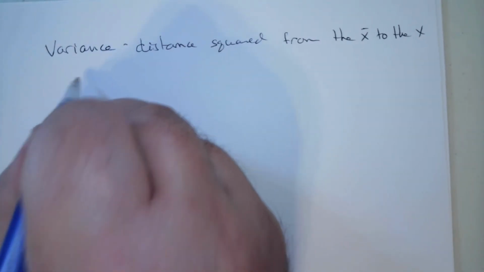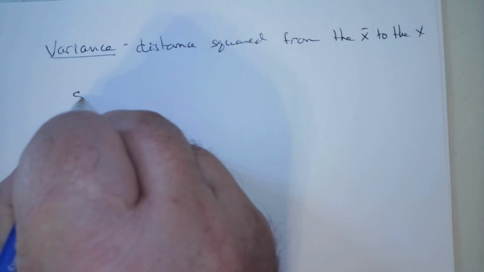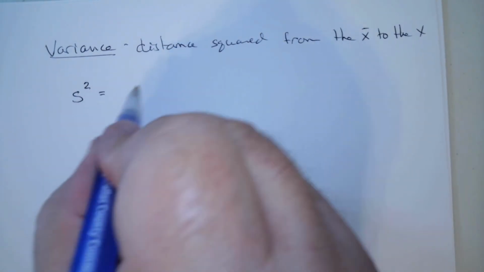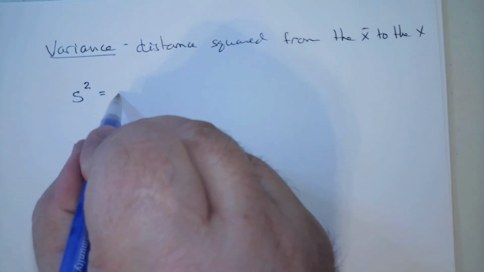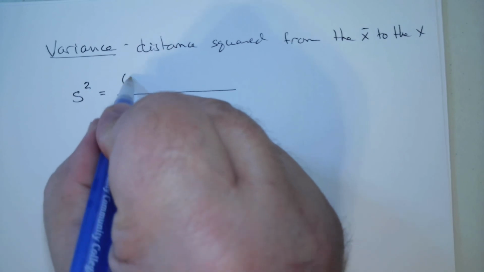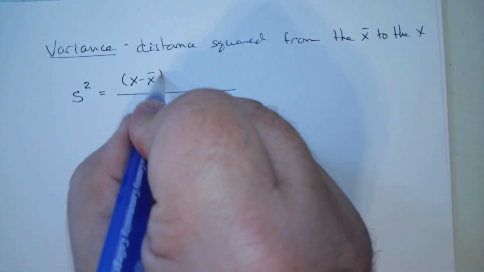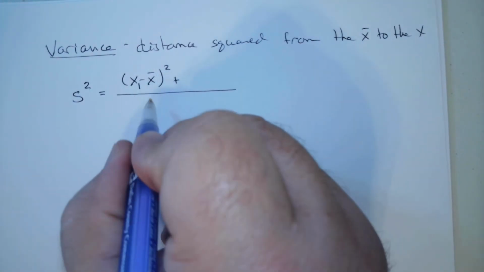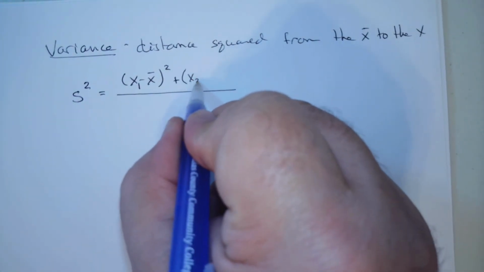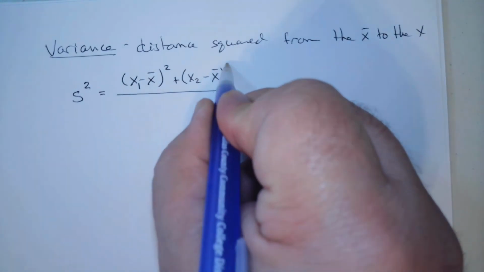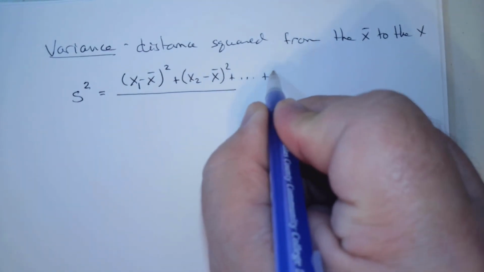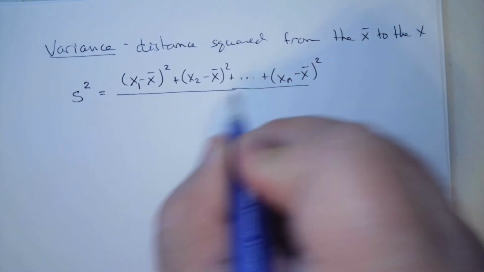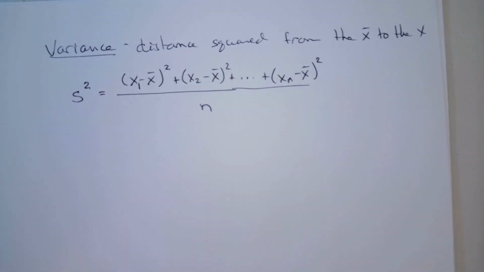The formula for variance is s squared. The formula of this one is x minus x bar squared. We do that with data number 1, then with data number 2, and do it all the way up to x sub n and divide by n.